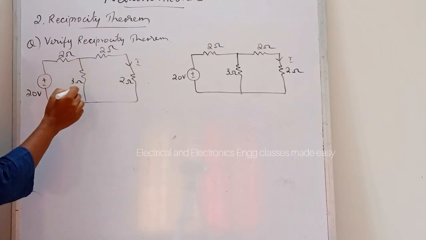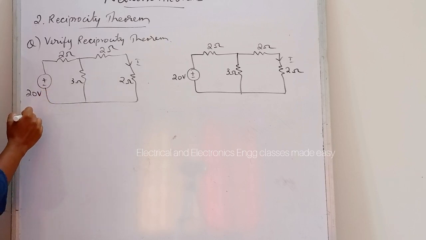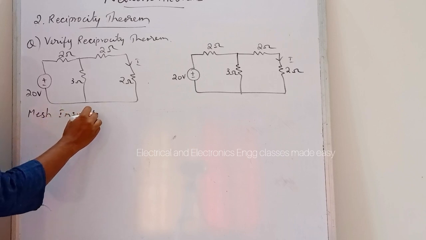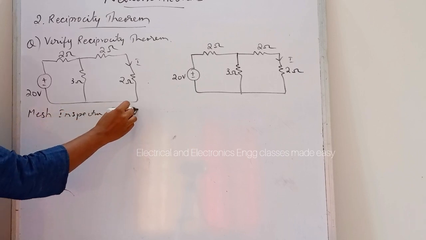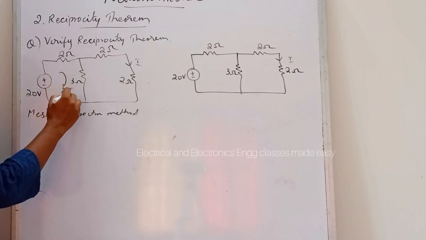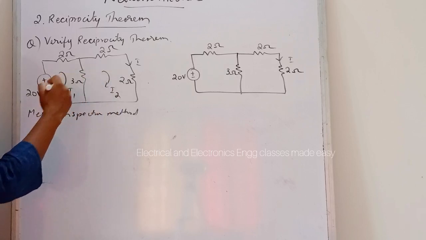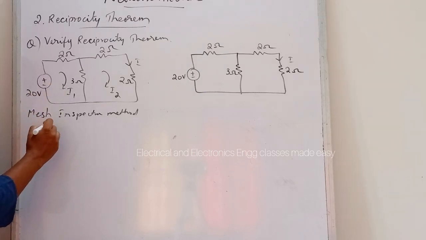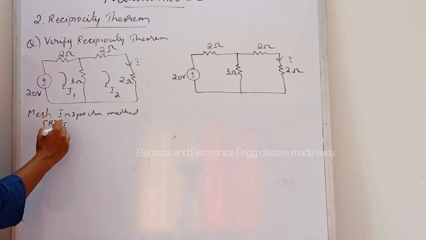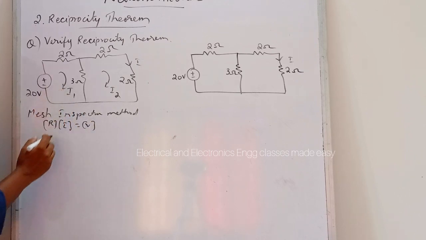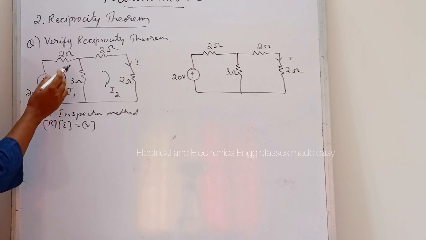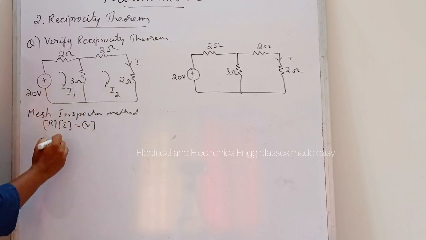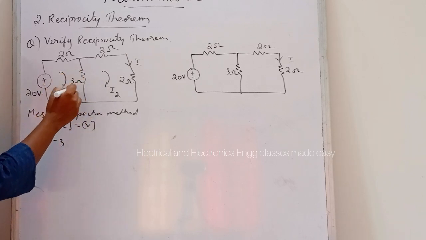Here we can use the mesh analysis by inspection method. First of all, mark the currents. Let I1 and I2 be the currents. Then by inspection method we can write, in R into I equal to V form, here the self resistance is 5, then the mutual resistance is -3 because I1 and I2 are in opposite directions.